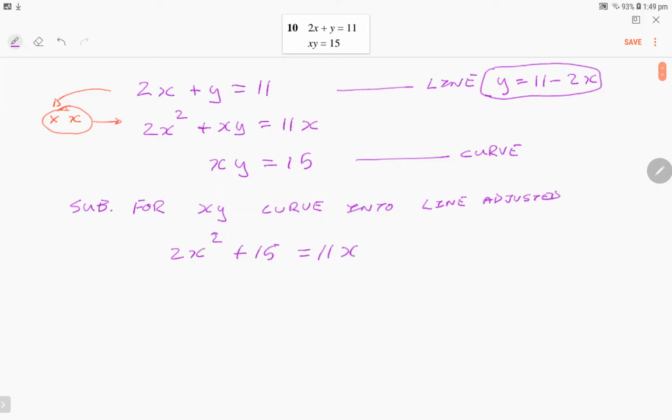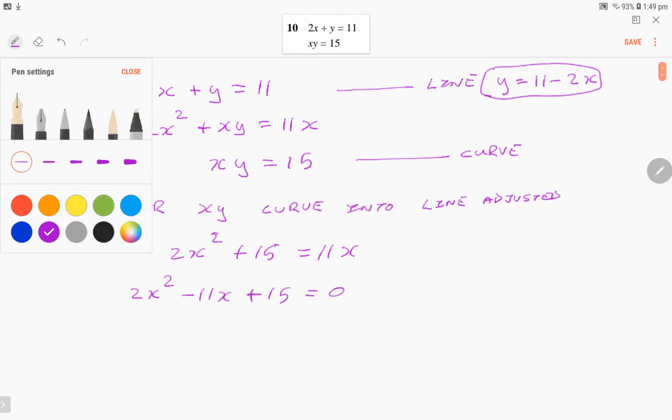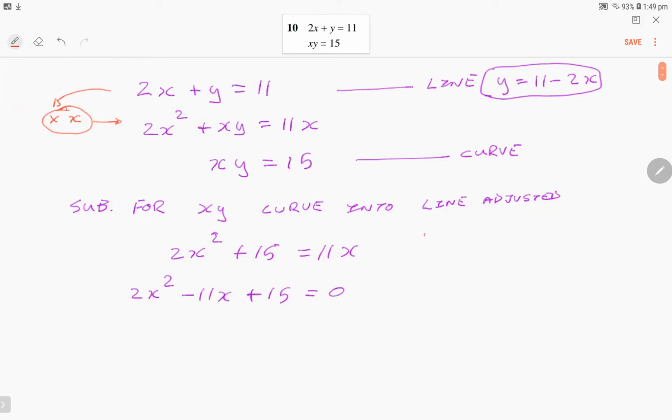And if I transpose it, bring over the 11x, I get 2x squared minus 11x plus 15 equals 0. But I want to break and show you that if I had done the substitution for y, I would have got the same equation. From the line, I could write y equals 11 minus 2x, and my curve is xy equals 15.